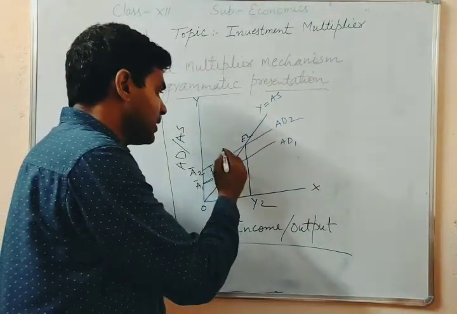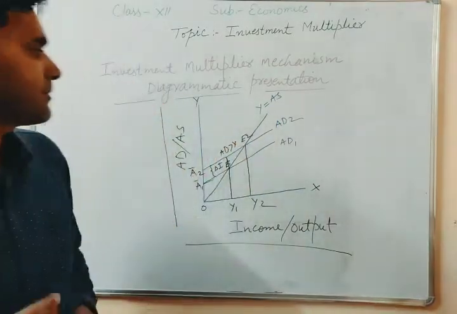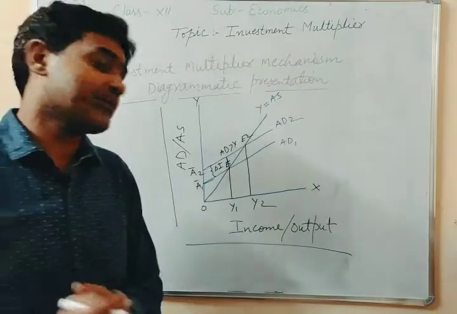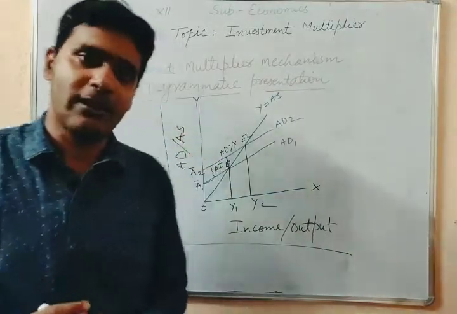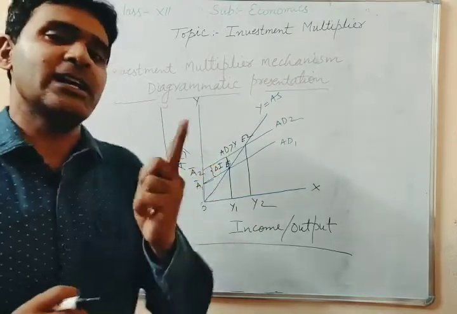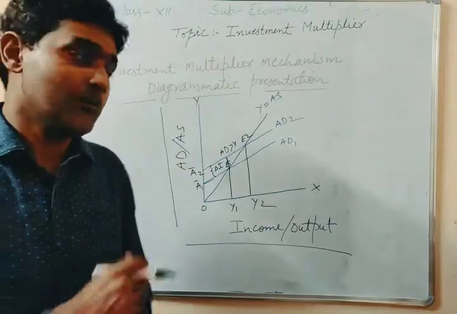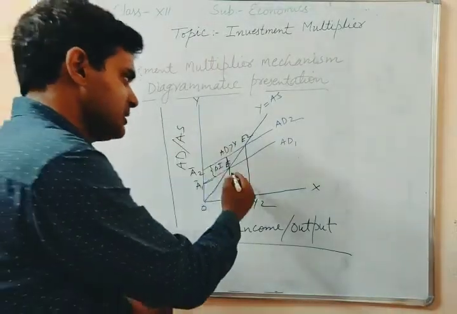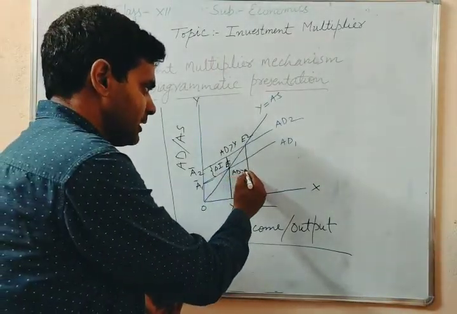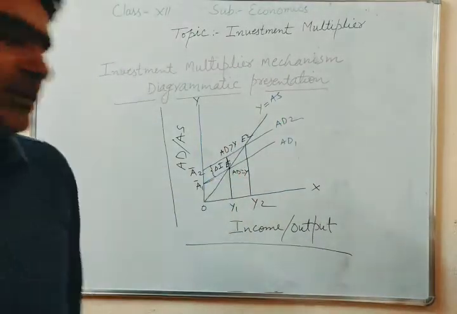So at this point, AD is greater than Y. When AD is greater than Y, there will be unplanned accumulation in the inventory of the firms. This we have discussed. The equilibrium condition is AD is equal to Y. This is the point where AD is equal to Y. This is the equilibrium point.